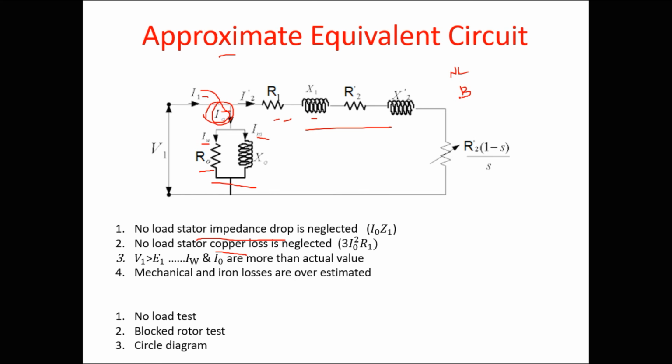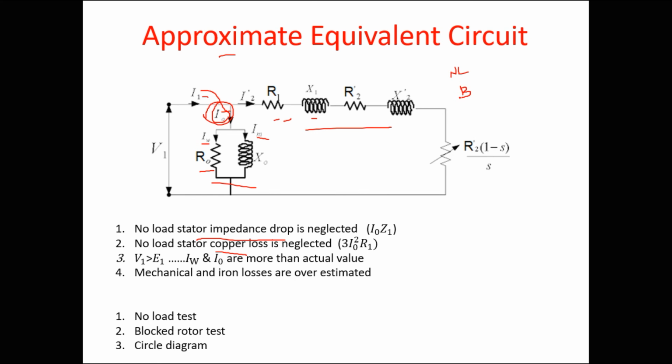In running condition we have a rotor frequency that is S times the supply frequency, and for combining the stator and rotor model together we have to convert that rotor frequency to the stator frequency. At the time of converting the rotor frequency to the stator frequency we include the electrical equivalent of mechanical load, and we represent that electrical equivalent of mechanical load either as gross or net mechanical output.